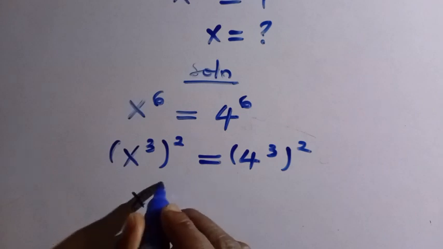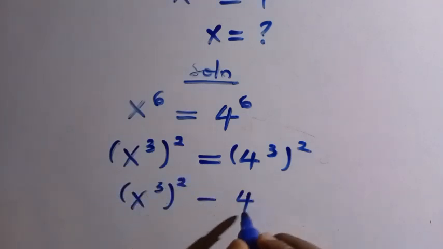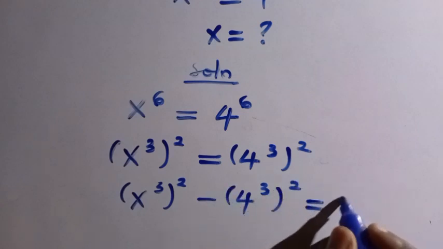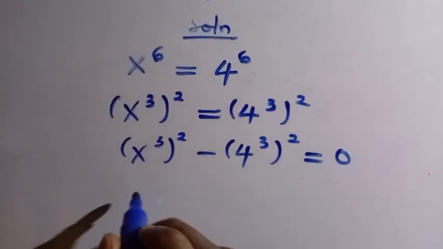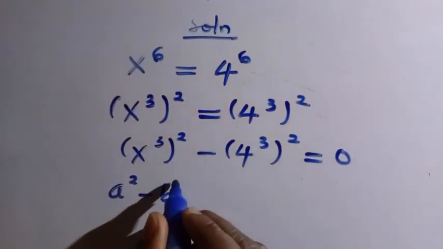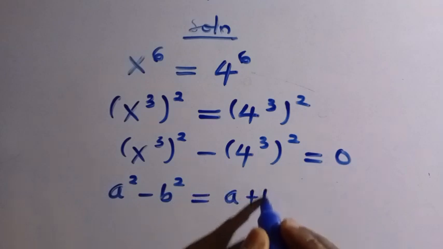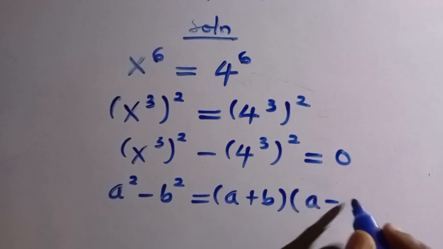We have x power 3 raised to the power of 2 minus 4 power 3 raised to the power 2 equals 0. Then from here, let's assume we have a squared minus b squared. So this equals (a plus b) multiplied by (a minus b).